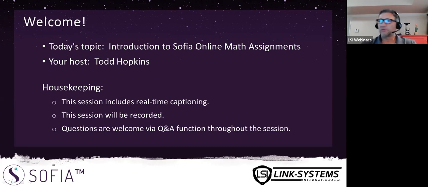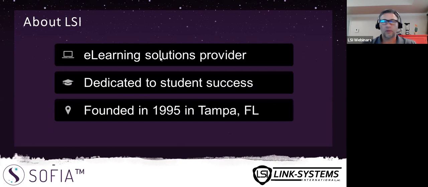Again, my name is Todd Hopkins. I'm the Director of Business Development here at Link Systems. We're headquartered out of Tampa, Florida. We have been an e-learning solutions provider since, founded in 1995. I believe we first launched our worldwide whiteboard in 1998.